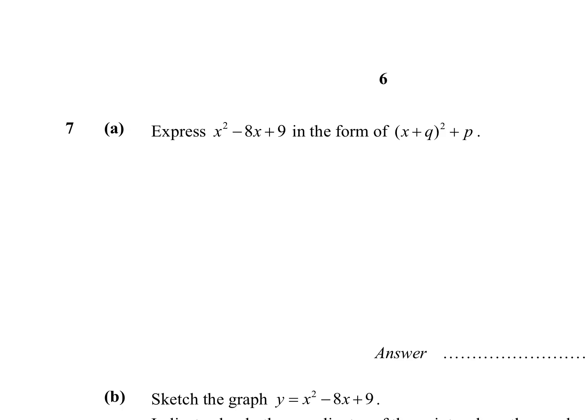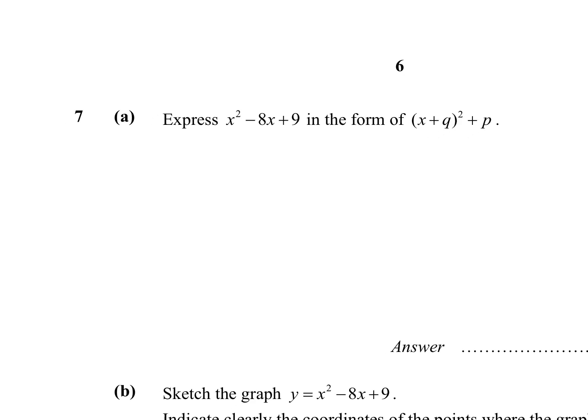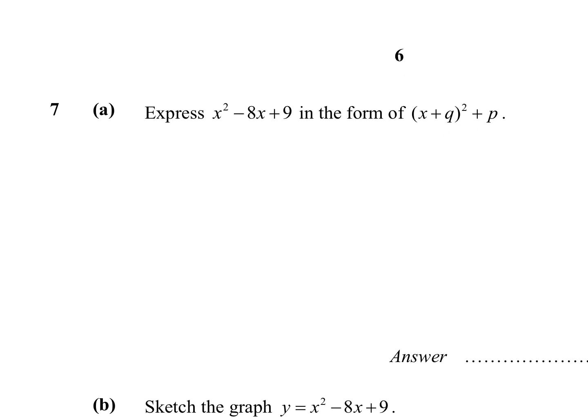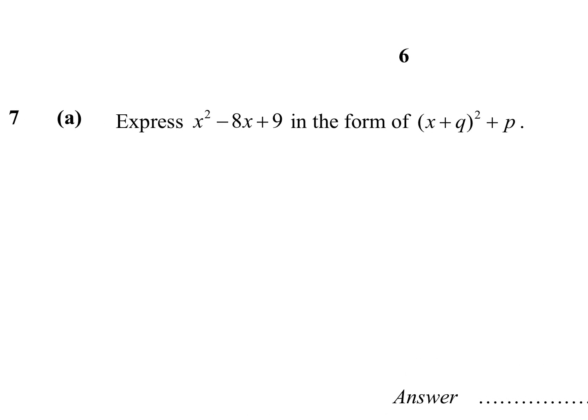Okay, when you see this, what are they trying to ask you to do? What are they trying to ask you to do, Kiran? Cannot do other method, must follow what they want. 6C. Okay, this one, what method do we use?